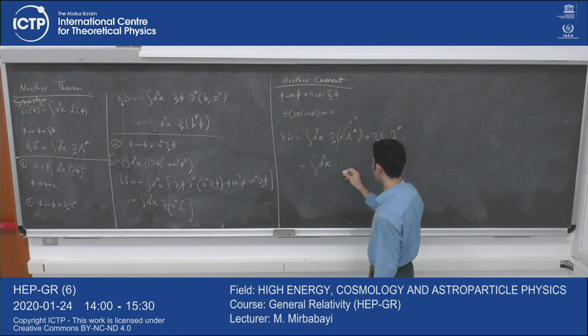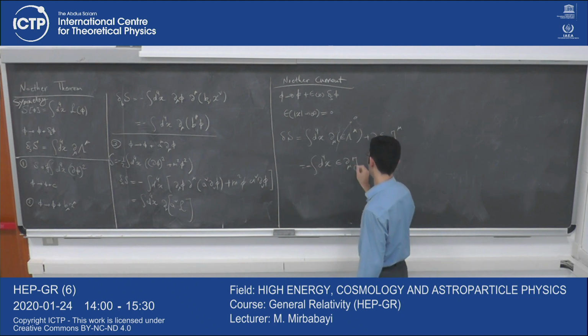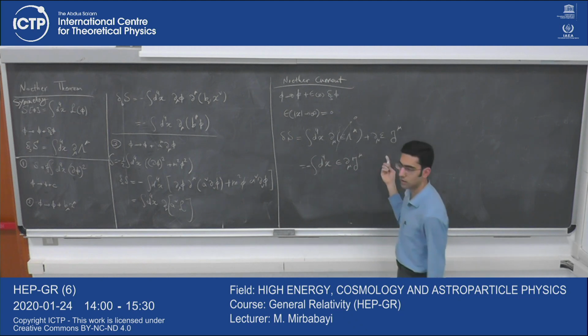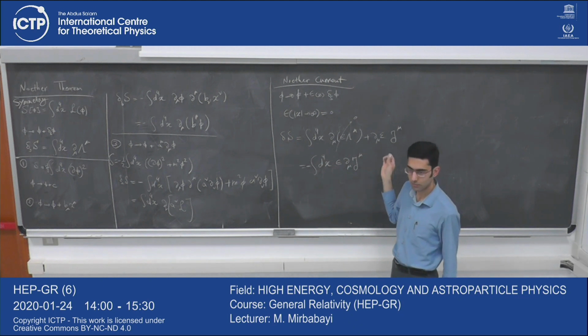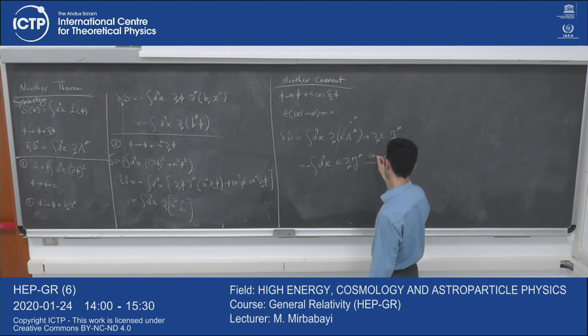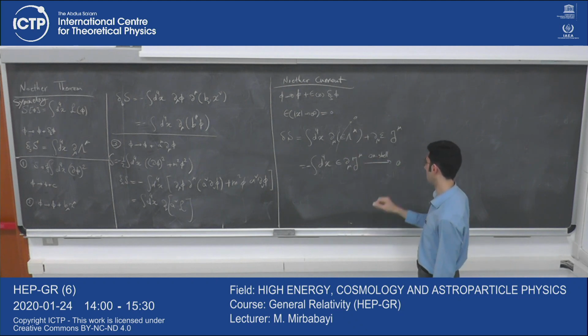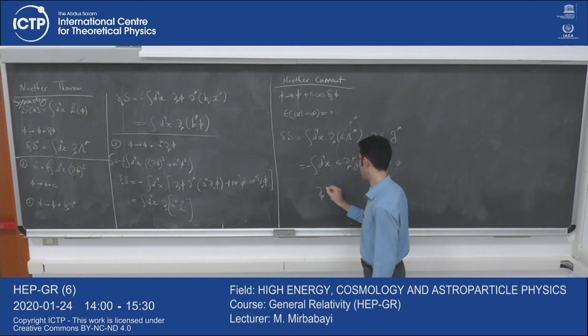This time I dropped... There is d mu J mu, plus again a total derivative term that I can drop because epsilon vanishes at infinity. So I end up with this, and we know that when the equations of motion are satisfied, on shell, delta S has to be 0, which means that d mu J mu on shell has to be 0.